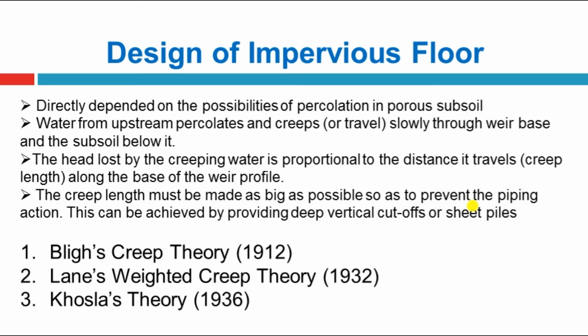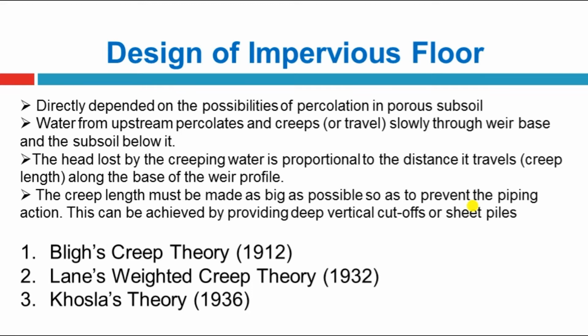In 1910, W.G. Bligh presented a theory for subsurface flow in his book entitled Practical Design of Irrigation Works, and this theory is known as Bligh's theory.